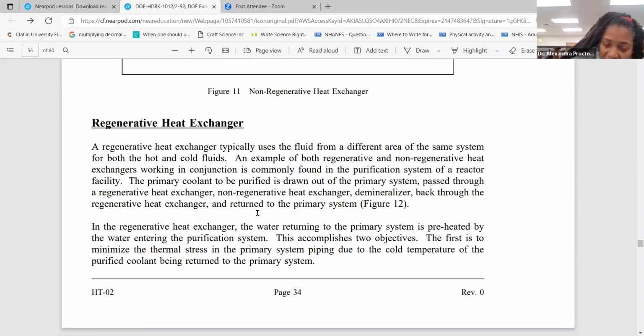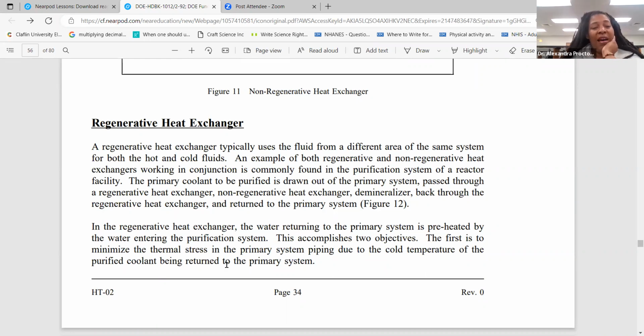The primary coolant to be purified is drawn out of the primary system and passed through the regenerative heat exchanger, the non-regenerative heat exchanger, and the demineralizer, then back through the regenerative heat exchanger, and then it's returned to the primary system. In the regenerative heat exchanger, the water returning to the primary system is preheated by the water entering the purification system, and this accomplishes two objectives.